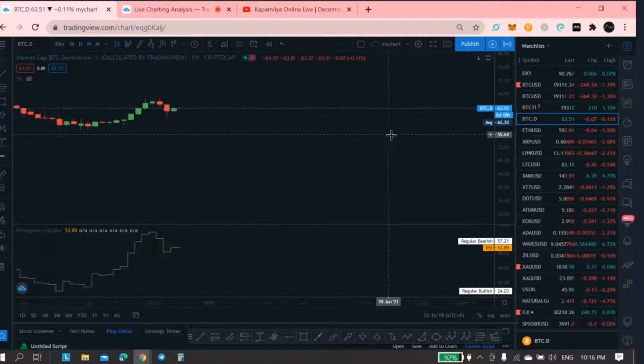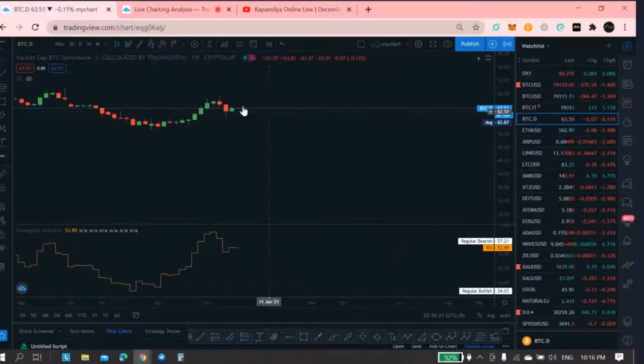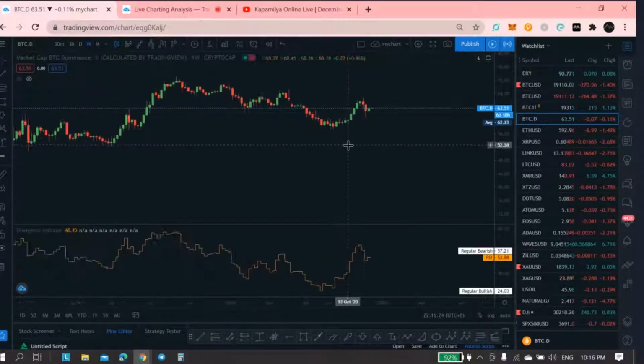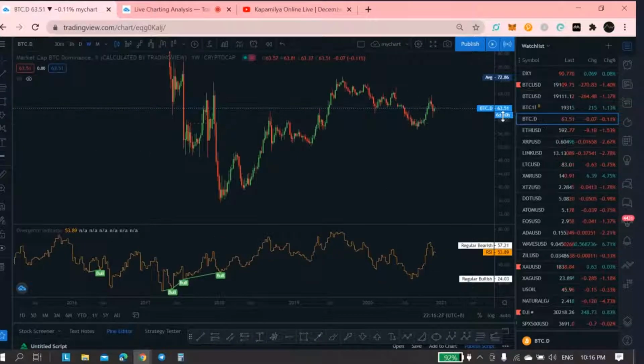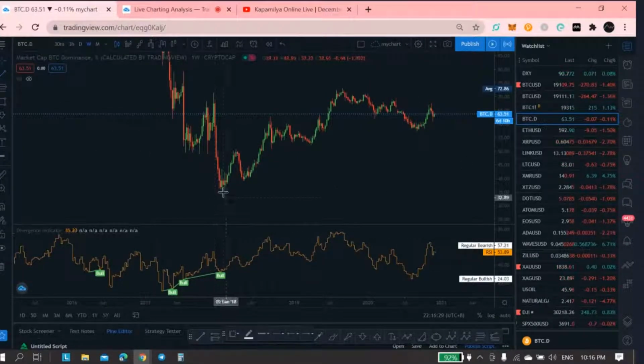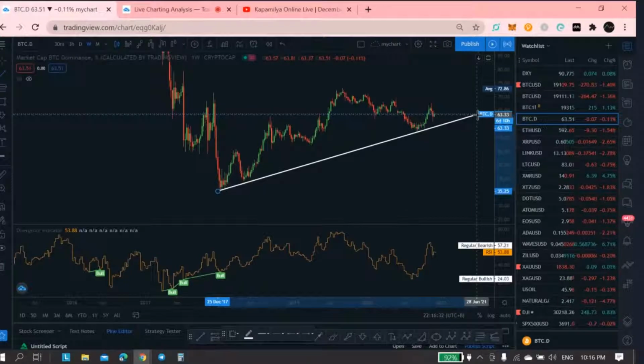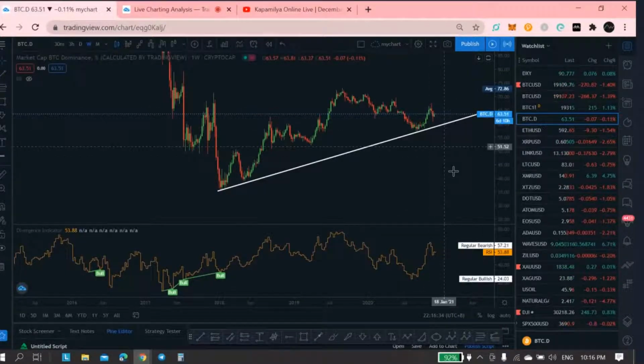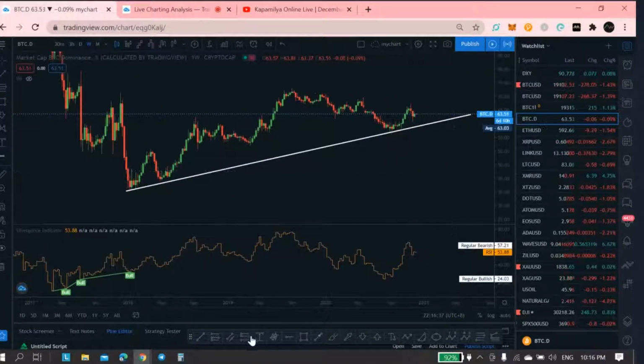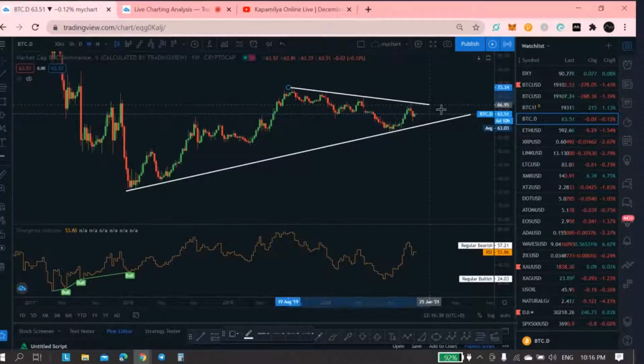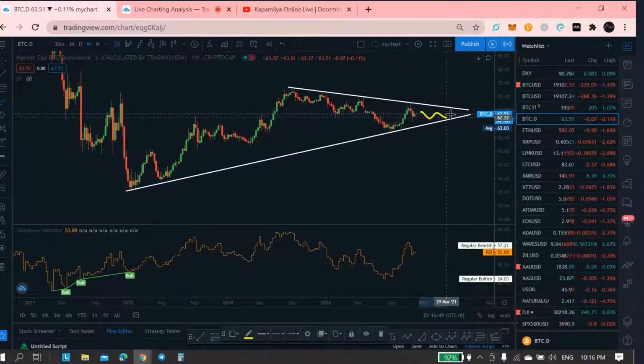As you can see, it's like a doji here, so it does not know where to trend. It's almost close to the support area actually. I think it could trade within this possible range before it breaks out or possibly breaks down.